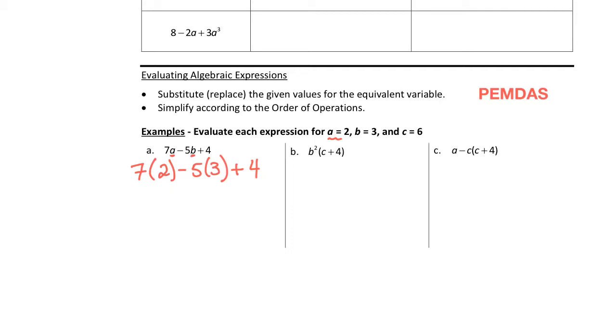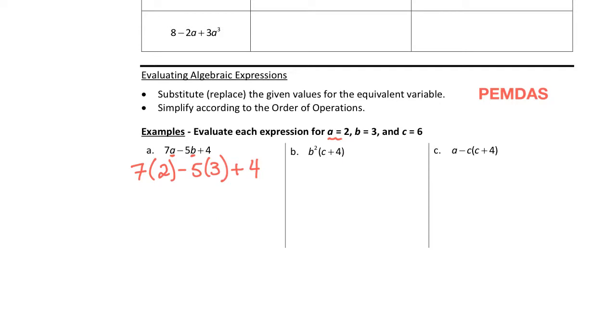So let's talk about what coefficients mean. Remember, coefficients are factors, or they're actually multipliers, because what this means is I had 7 A's, or in this case 7 2's. So if I have 7 2's, I could either add 2 7 times, or I could just multiply. That would be a lot easier. This means I have 5 B's, or 5 3's, which is 5 times 3.